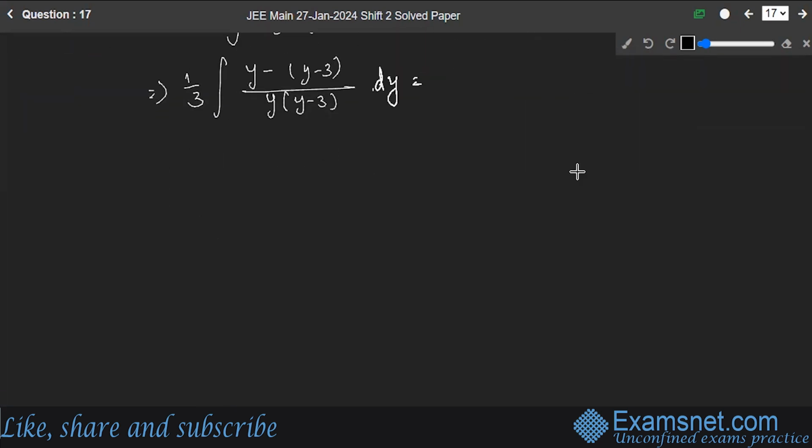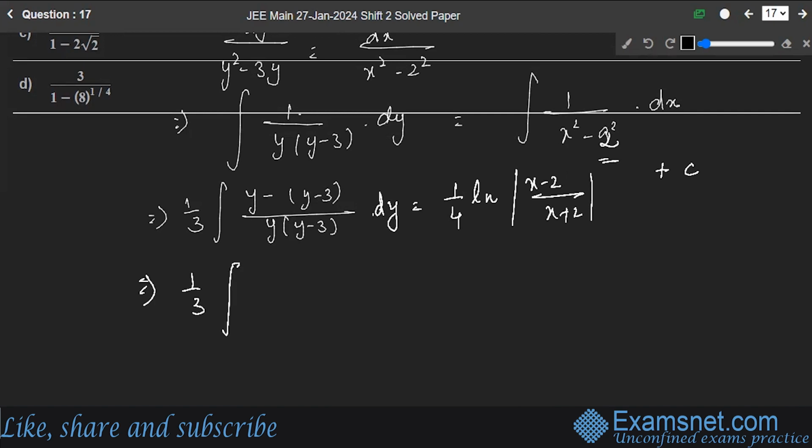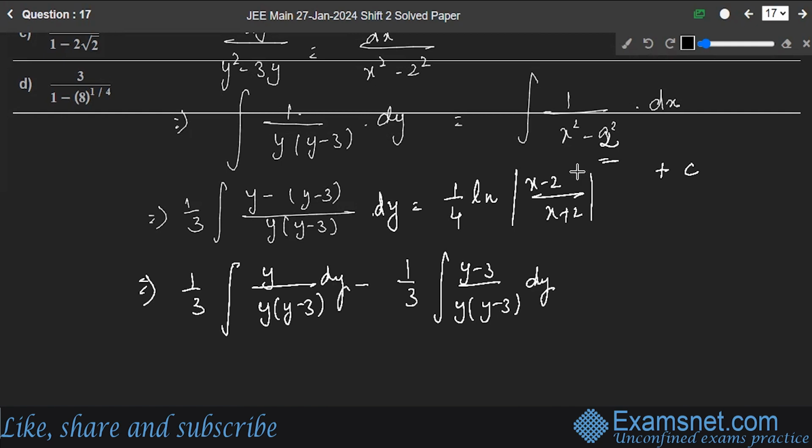So this is equal to natural log of, not a square, it was 2 squared, (x minus 2) upon (x plus 2), and that was 4, right? 2 squared is 4, so 1 upon 4, plus c, right? So let's open it. You have 1/3 times (1/(y minus 3) minus 1/y) dy is equal to this plus c, right?